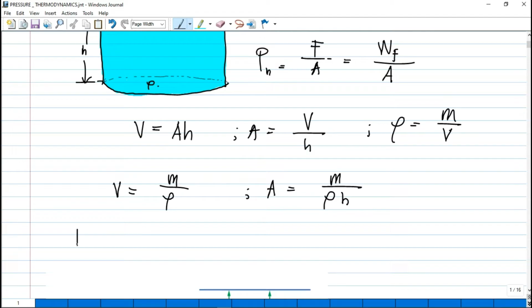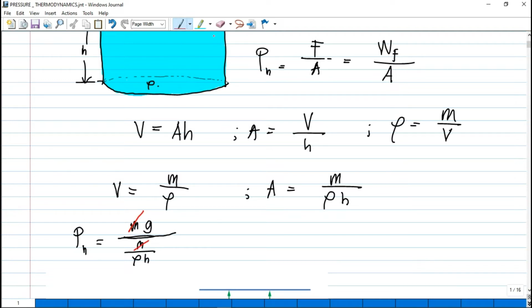So, the pressure due to the height, so yung weight ng fluid natin is just equal to the mass of the fluid times the acceleration due to gravity. Then, divide natin sa area, which is mass divided by density times H. So, simplify lang natin, guys, itong mass dito mag-cancel na siya.